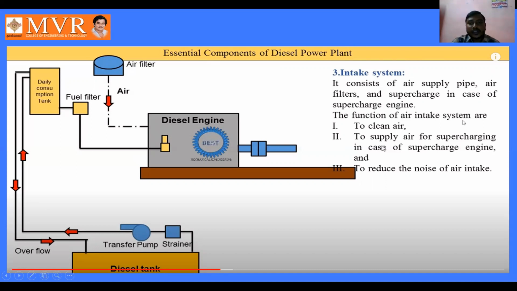The functions of the air intake system are, first, to clean the air, for which we use the air filter. Second, to supply air for supercharging, if we have a supercharged engine. And third, to reduce the noise of the air intake when we take air into the diesel engine.